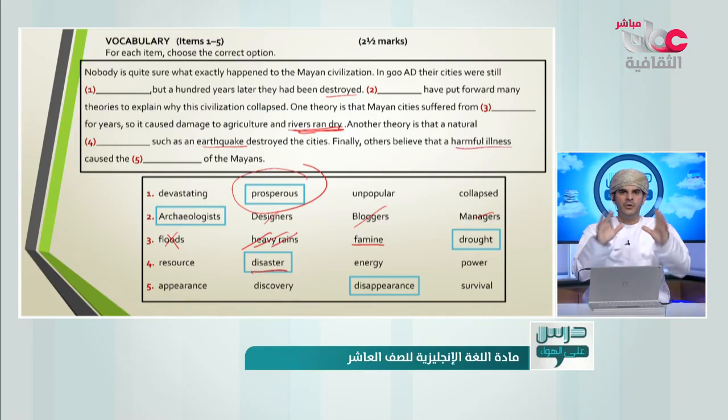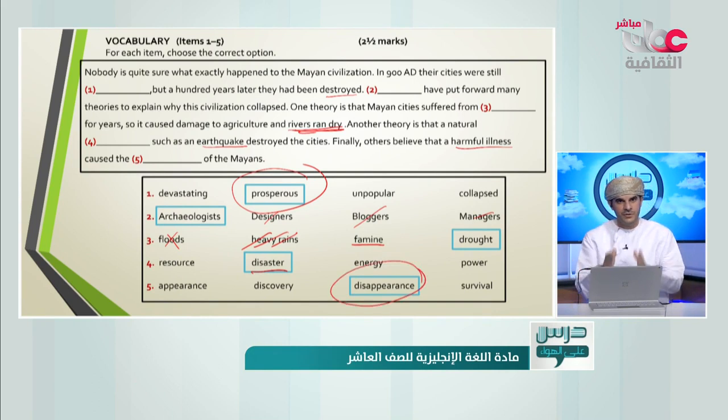So they are talking about the Mayan civilization 900 years ago. That means they are what now? Disappeared. So it caused the disappearance of the Mayans. Just read between the lines. You can answer it just as quickly as I just did when you read between the lines. Okay? Don't forget to take screenshots.